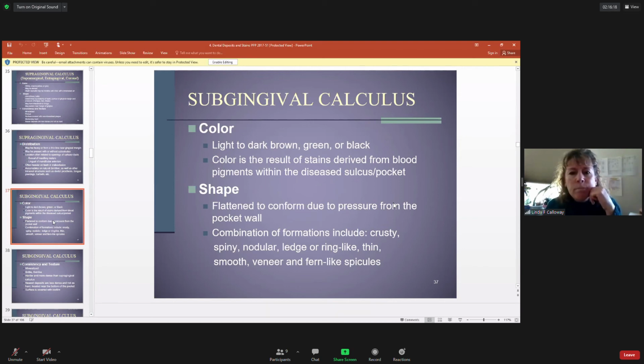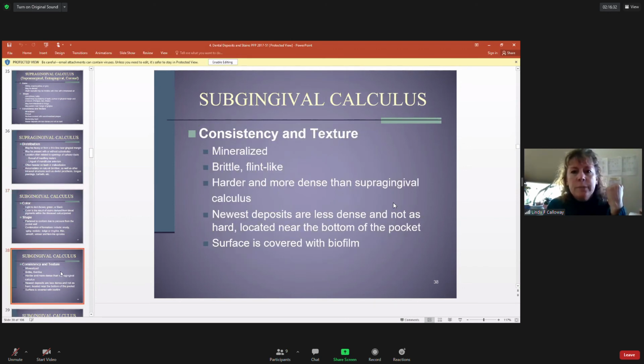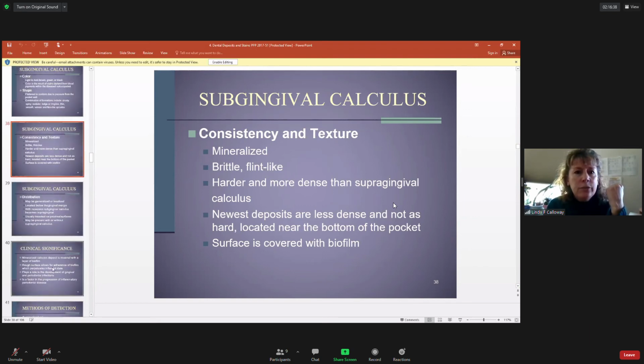So the color is a thing for subgingival, below the gum line calculus. There's the pocket of the gingival wall shaping it, and it goes more into the shapes. You can read up on all the texture there.